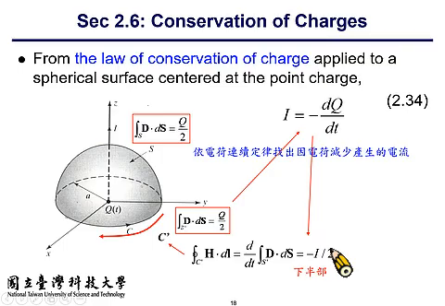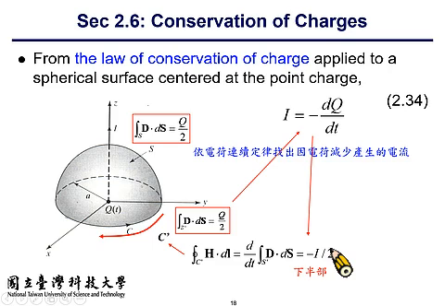Which means in this problem, we have actual current I flowing upward along the positive z direction. And this actual current I is replaced with an influx of displacement current.